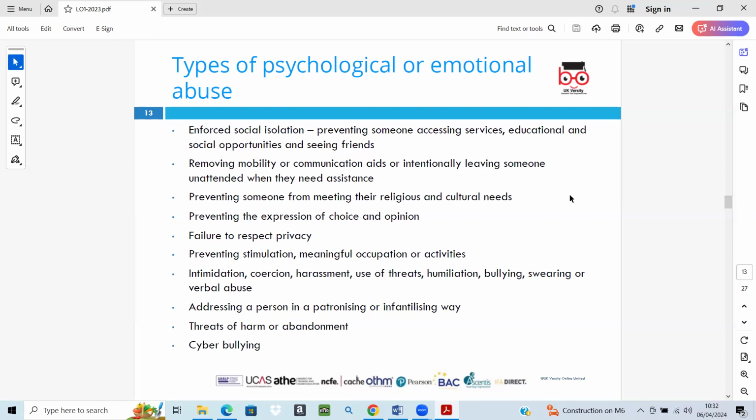If I notice any psychological, emotional, or any kind of abuse, it's my responsibility to report it. We have those bullet points, and we can go through them.